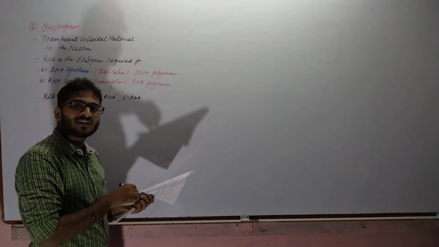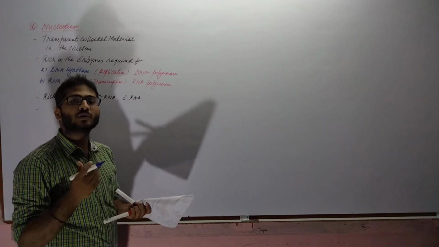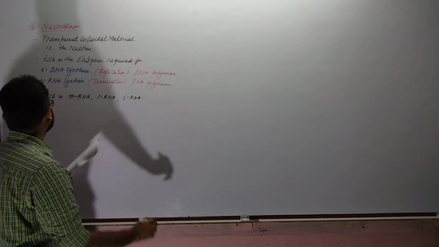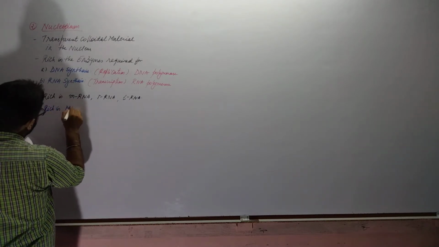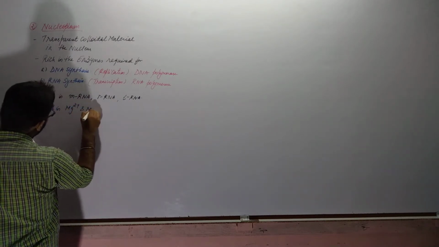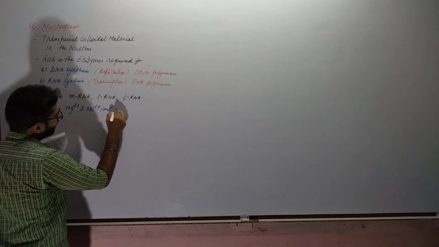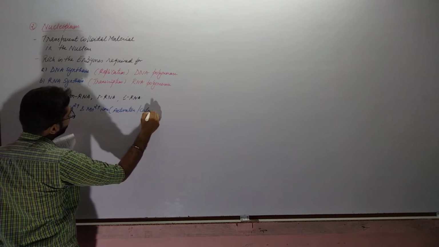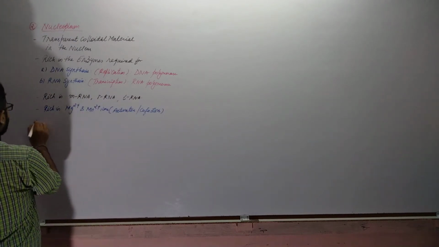Apart from all these enzymes and RNAs, the nucleoplasm, that is a fluid, is rich in inorganic ions like manganese and magnesium. So it is also rich in Mg+2 and Mn+2 ions. I already told you, they act as activators or cofactors for all these enzymes to act.